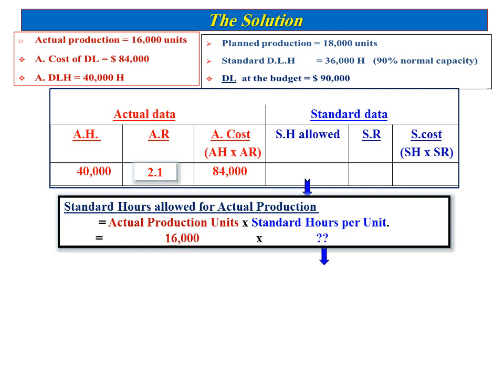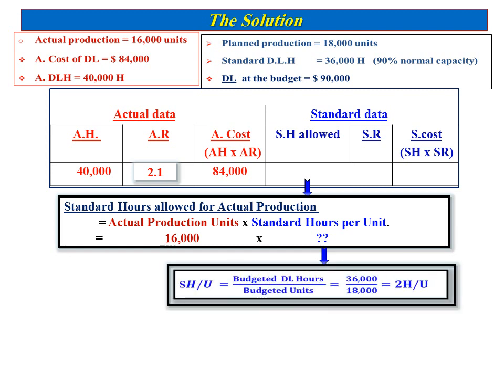So I can calculate standard hours per unit. How to calculate standard hours per unit? By equation: budget direct labor hours divided by budget units. Budget direct labor hours here is 36. I need 36 hours to produce 18.